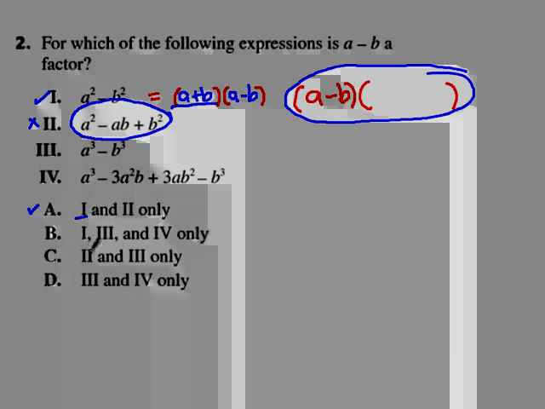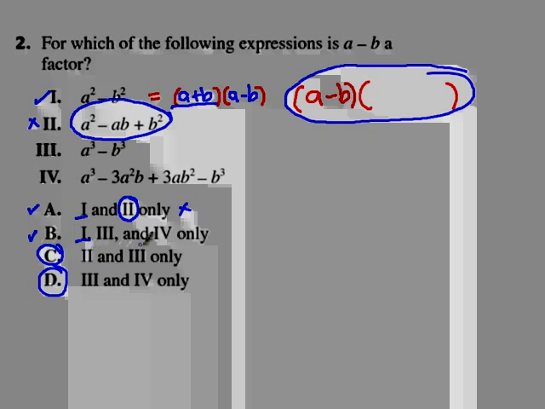A has 1, B has 1 also, but C and D do not have Roman numeral 1, so these two are already eliminated. Now, the only difference between A and B is that one has 1 and 2, but we know that 2 is not an answer, so we eliminate that. Therefore, we are left with only one answer, and that's letter B. Letter B is our correct answer.